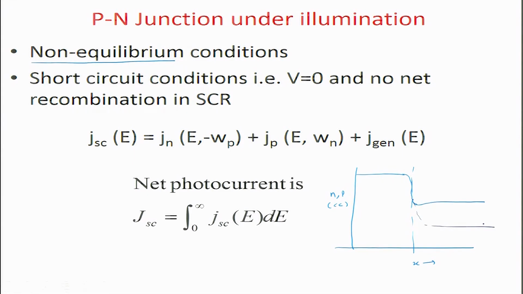Similarly, on the N side, this carrier density would be very large, and this would be very increased on the P side as well, whereas when the device was in dark, this would be the behavior.